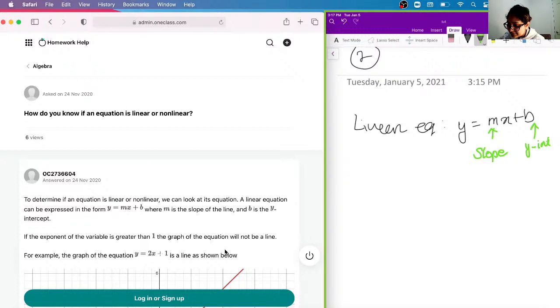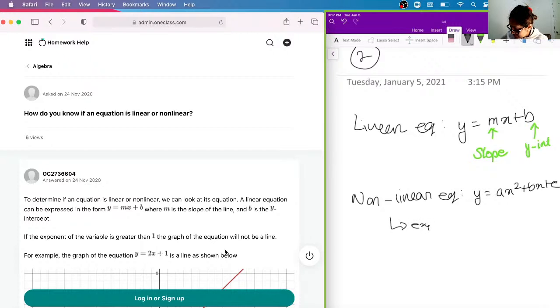So for example, for nonlinear, it would be something like y is equal to ax squared plus bx plus c. So this is where your exponent on x is greater than 1.